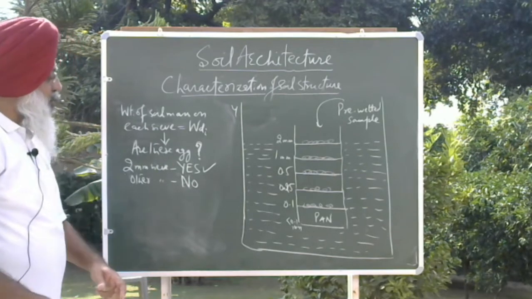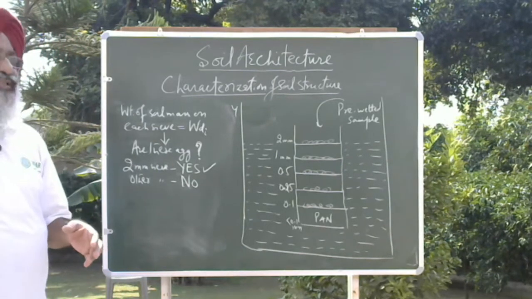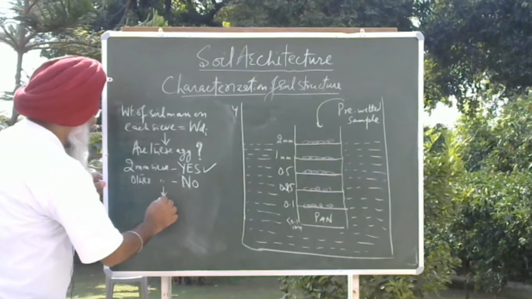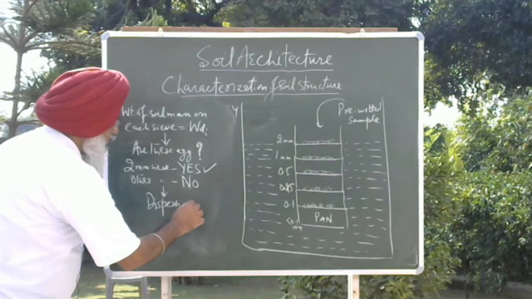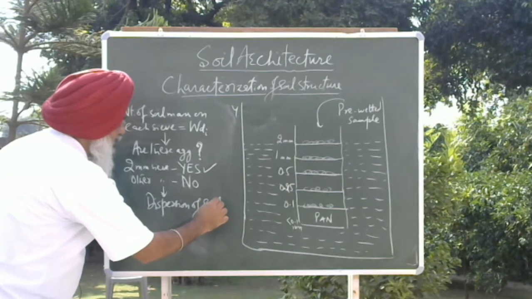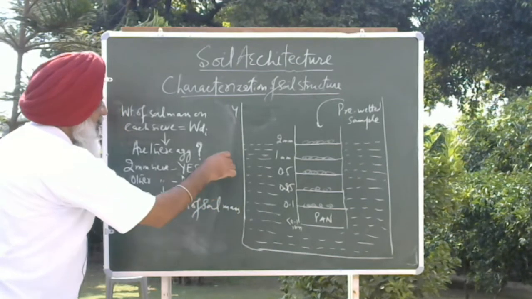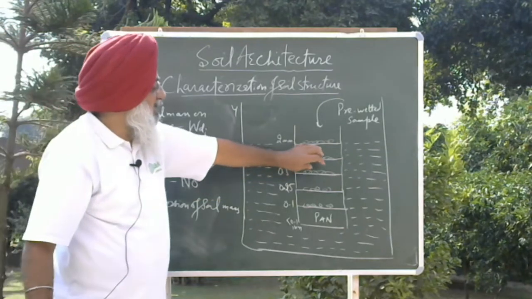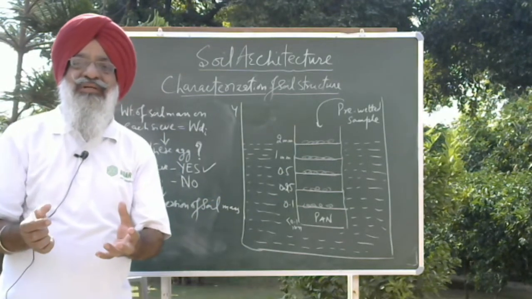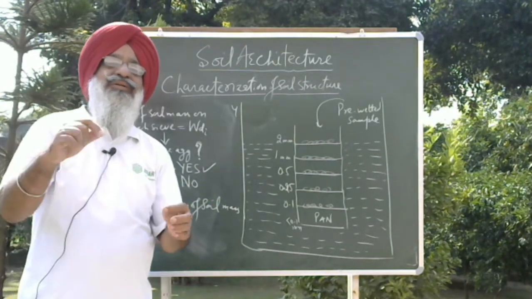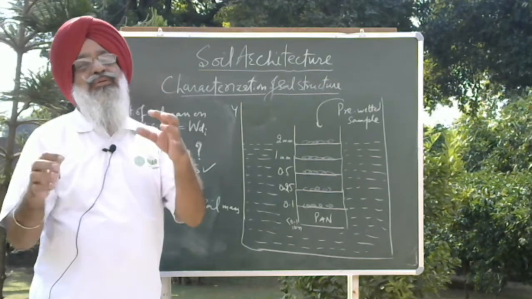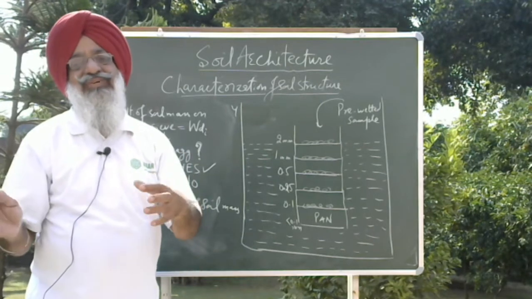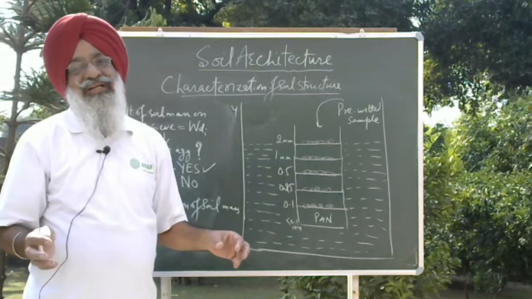Now, since we are not sure here, then what is the next step? Next step is that you go for dispersion of soil mass on each sieve, except the first one. So, whatever material is there, you take it in a beaker, 500 ml beaker, then you add some hydrogen peroxide, then remove the cementing agents. You have to repeat the same process as we discussed in mechanical analysis of soils.